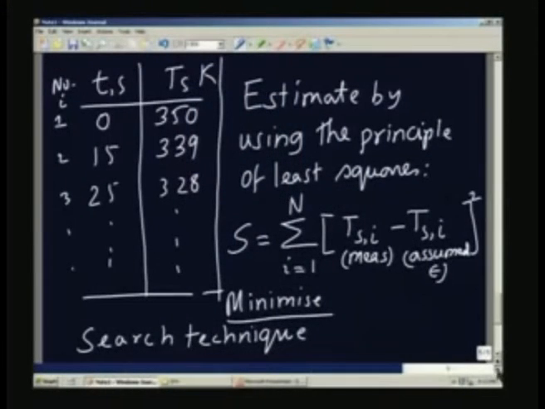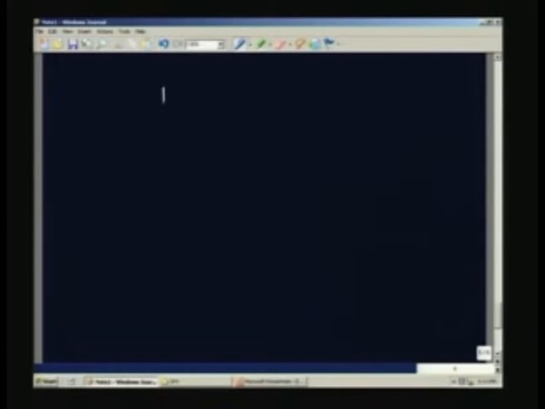So, we go in the direction of reducing S and keep on changing epsilon by smaller and smaller amounts, and if I show it graphically you will get something like this. S is calculated with the values of epsilon.